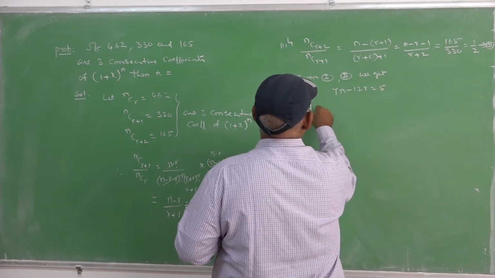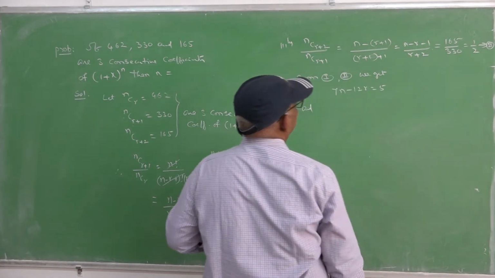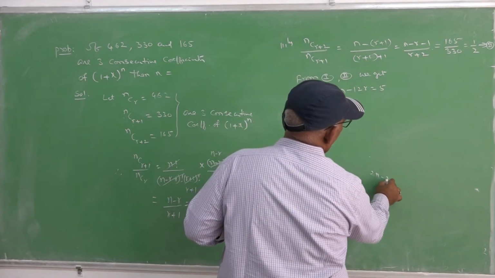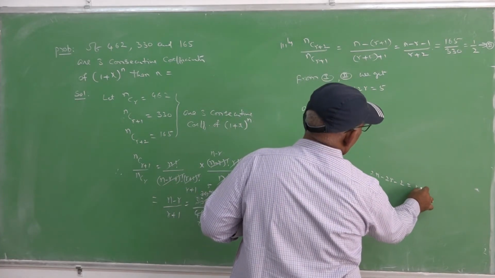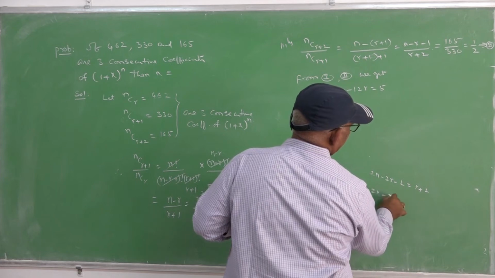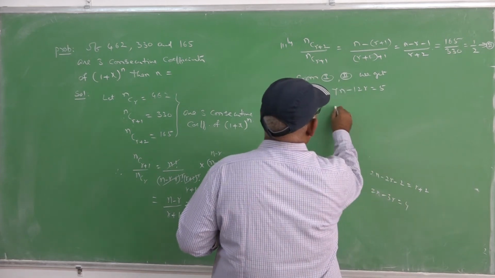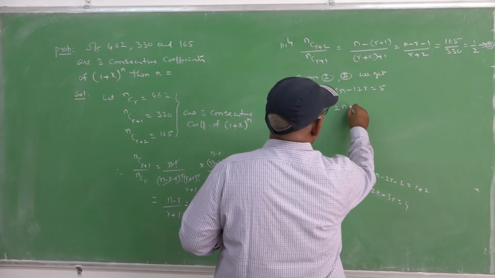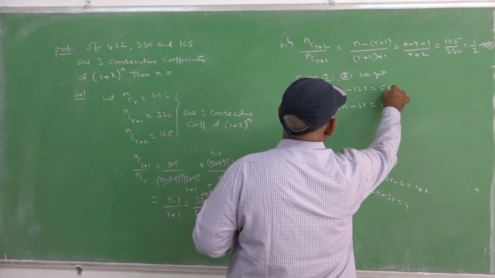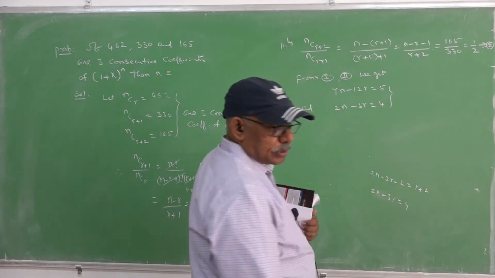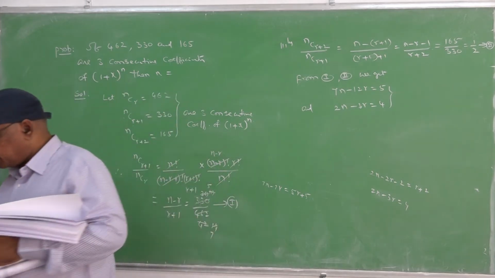And one more result from this one is 2n minus 2r minus 2 takes the value r plus 2, which is 2n minus 3r equal to 4. So 2n minus 3r equal to 4. Solving these two, we get the values of n and r.